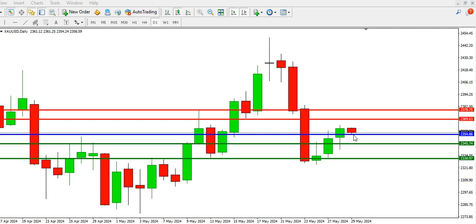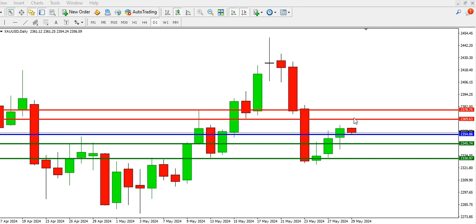So two things might likely happen. We might see a test of this pivot level at 2354, then a bounce to resistance 1 and resistance 2. Resistance 1 is at 2369. Resistance 2 is at 2378.